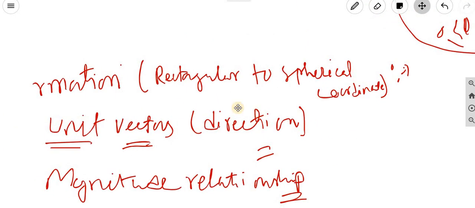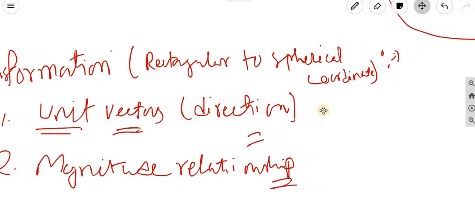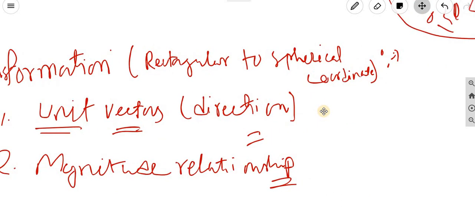Now see the unit vector. We have discussed one more point in lecture number 2, the coplanar vectors. Any vector in the same plane we can divide into 2 components.